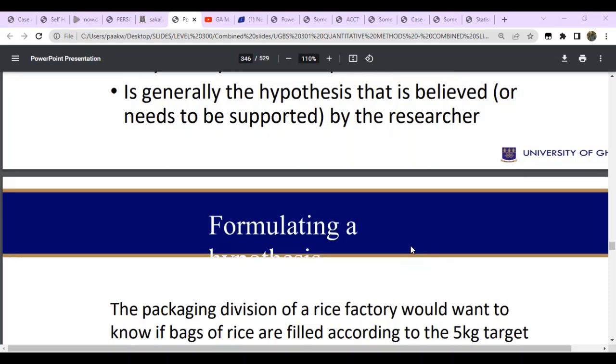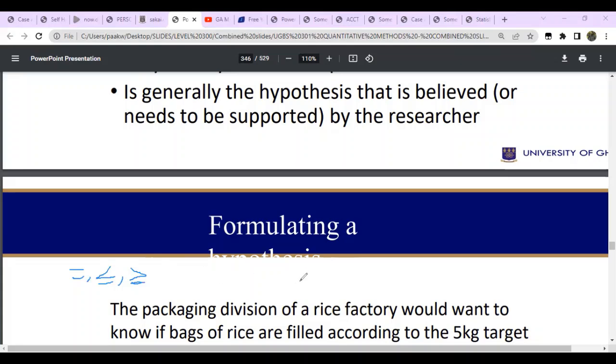And mind you, the null hypothesis, which is the H0, contains equal to, greater than or equal to, or less than or equal to. So in an examination or a tutorial set or an example, when you see something like at least, at most, that statement will be your null hypothesis.